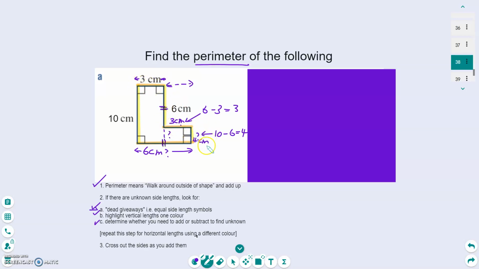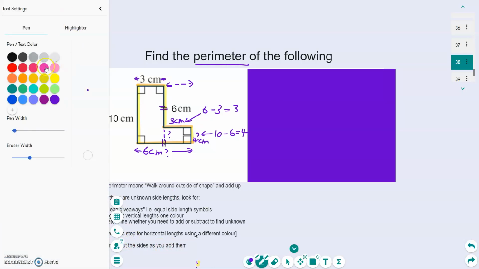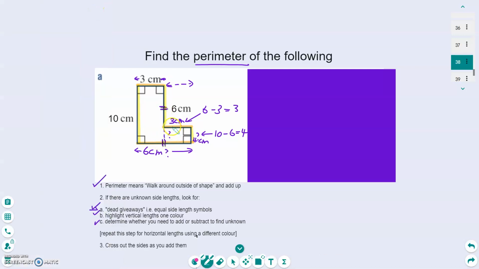So now all of my side lengths are labeled, which is lovely. So what we now do is we cross out the sides as we add them. I'm just going to get yet another color. It's good to have highlighters or different colored pencils in your exam. And let's add them all up. I'm just going to cross them off as I go.